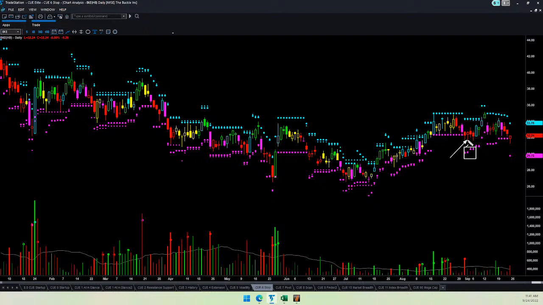This was 1st of September when I shared it. This is the protection level that has not hit yet. So if somebody took the trade, it is still in play, it didn't get stopped out.